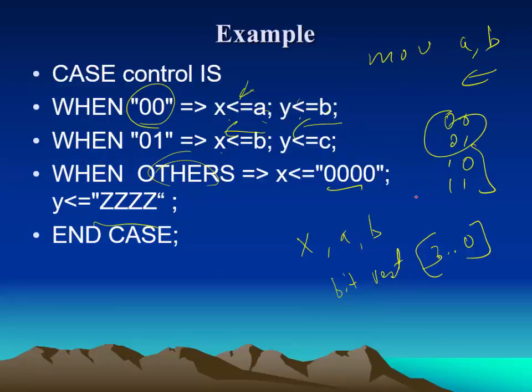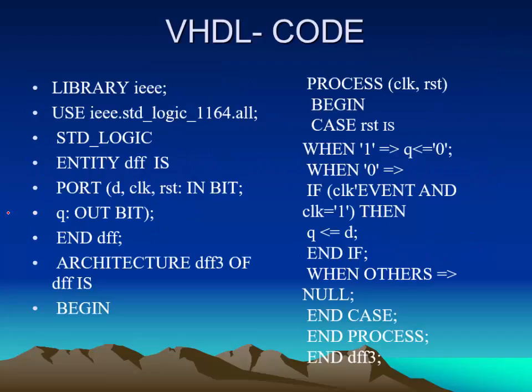These two are our others right here. They're defined here. That's the others category. So in that case, X gets zeros and Y gets a high impedance output. It goes as Z. So this is our case when particular state. This is one example.